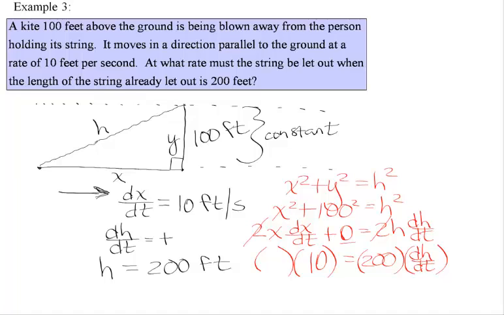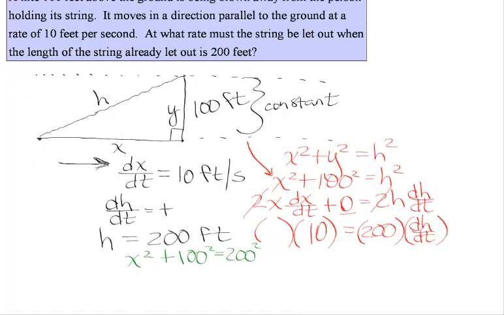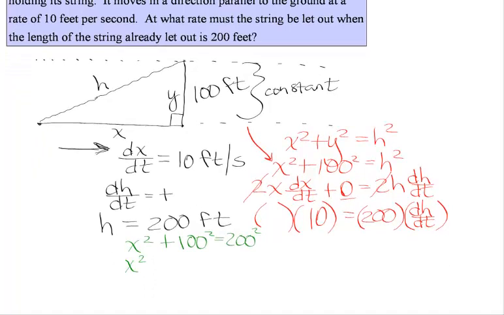So again, I'm going to go back to this relationship to find a value for x. x squared plus 100 squared would have to equal 200 squared when h equals 200. x squared will have to equal 200 squared, which is 40,000, minus 100 squared, which is 1 and 4 zeros, so minus 10,000.